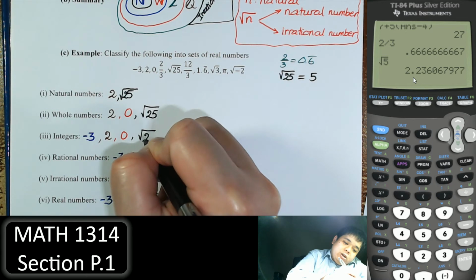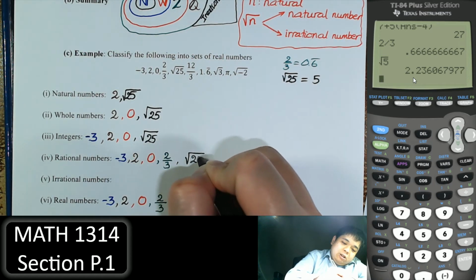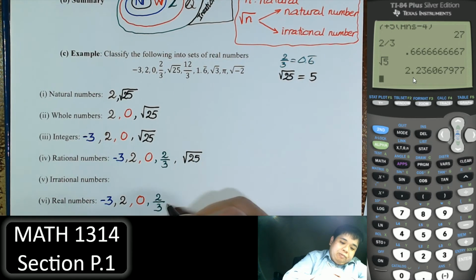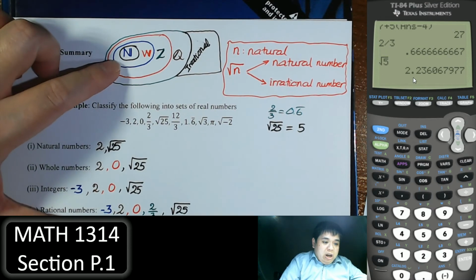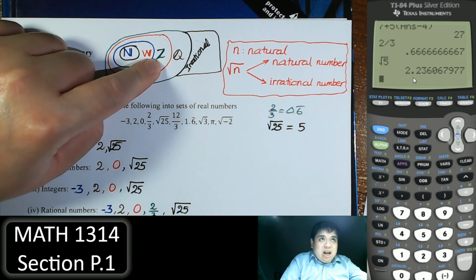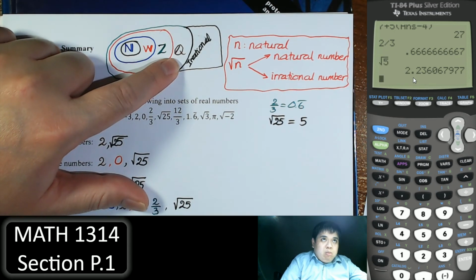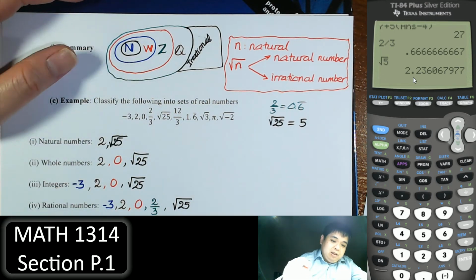Also an integer. Also rational. Cannot be irrational, but still real. Right. So that's why we notice this relation. Natural numbers inside whole numbers, inside integers, inside rational numbers. Irrational is a completely different thing.